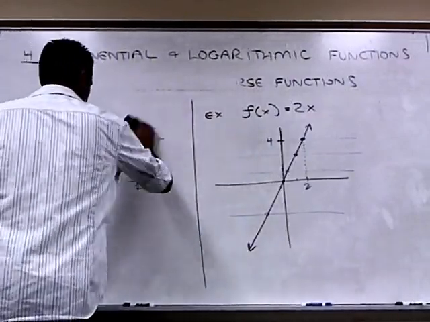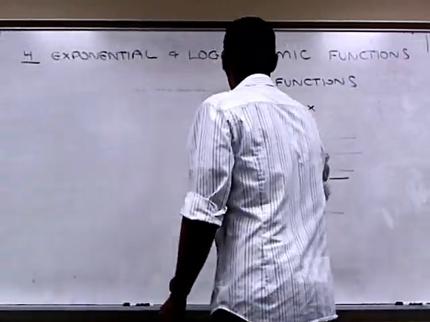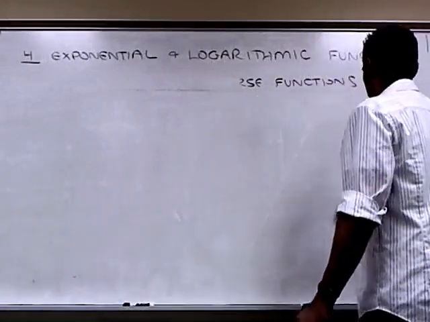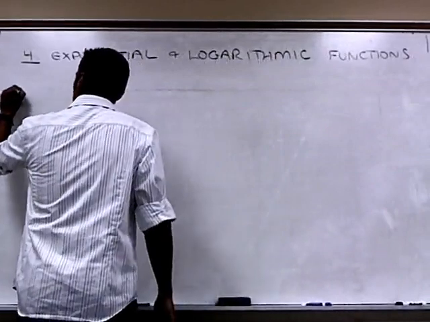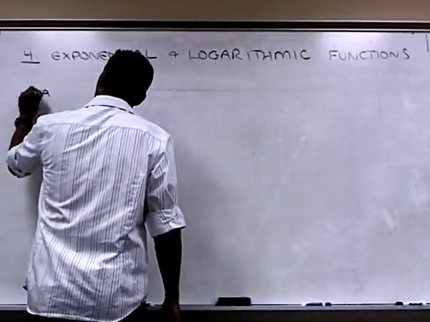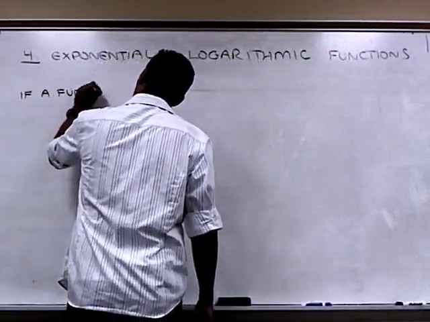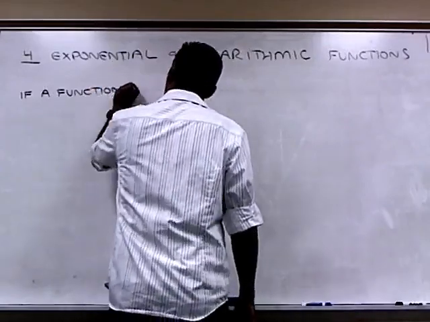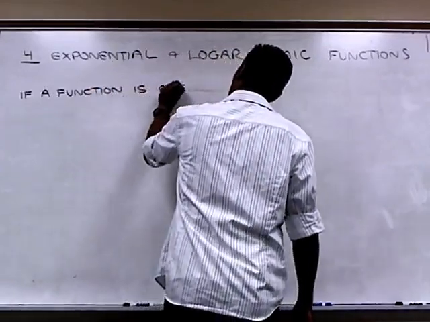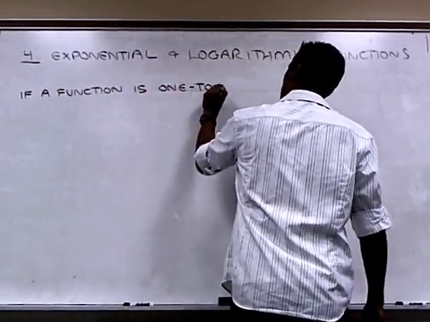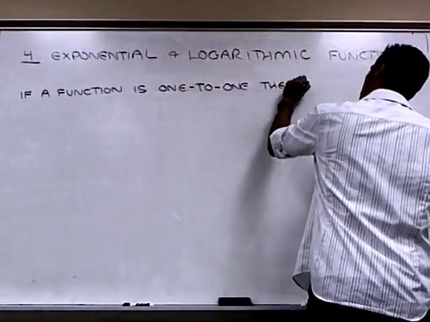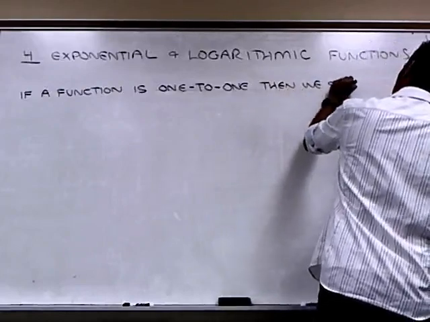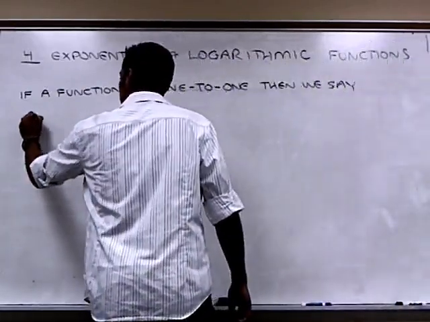But before I actually write the horizontal line test, I want to write a couple of other things, just some definitions, type language things. Okay, if a function is one-to-one, then we say it has an inverse.